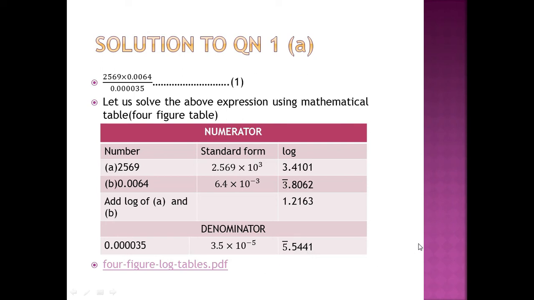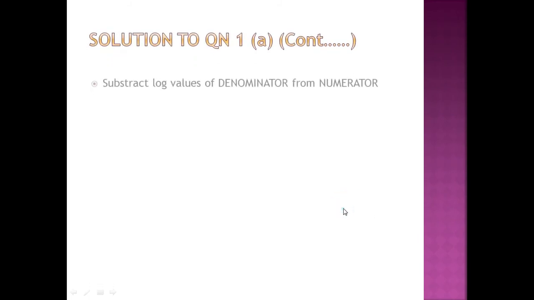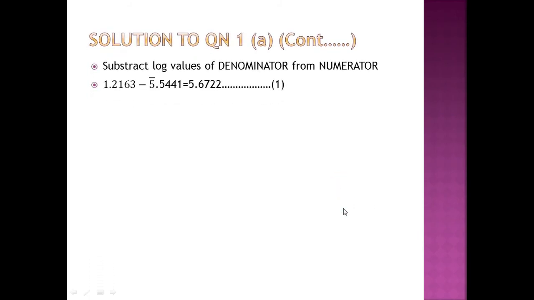After that we need to subtract those two numbers, the denominator from the numerator, as written in equation 1. The subtraction is not normal. We subtract 3 minus 1, we get 2. 6 minus 4 gets 2. 1 minus 4 is not possible, so we borrow 1 from the number 2, and then it's going to be 11 minus 4, which is 7.